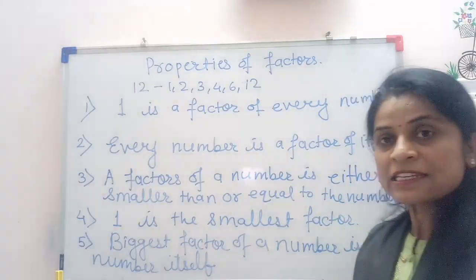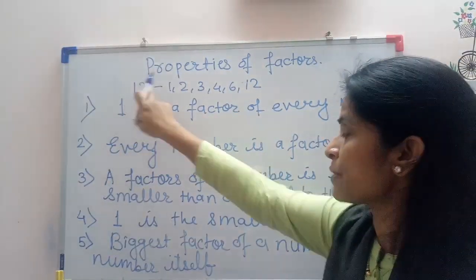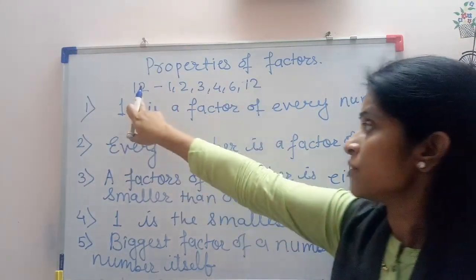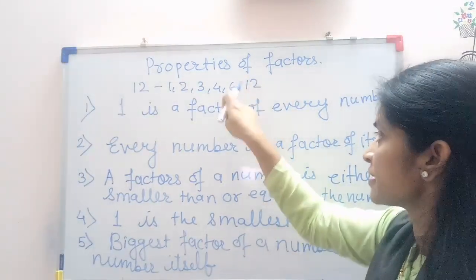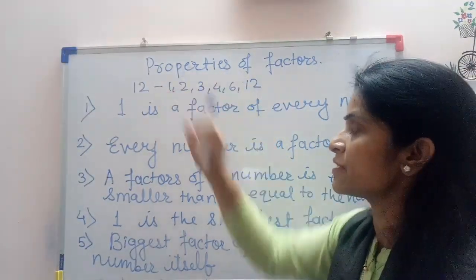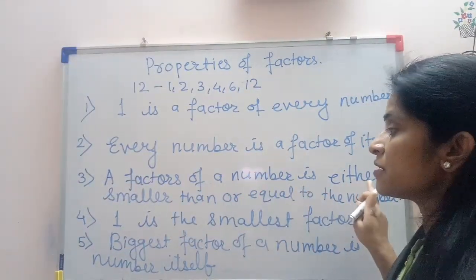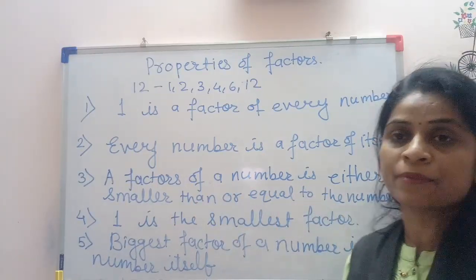Now students, let's see the third property of factors. You can see here the factors of 12 are 1, 2, 3, 4, 6, 12. Here one factor of 12 is equal to the number and the rest are all smaller than the given number. That means a factor of a number is either smaller than or equal to the number.